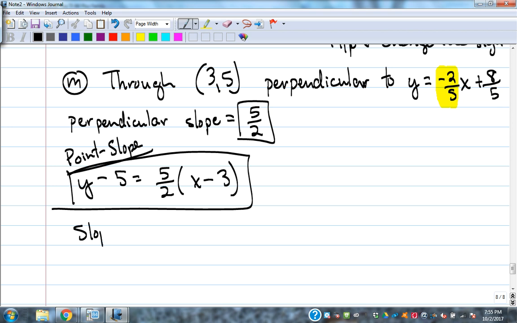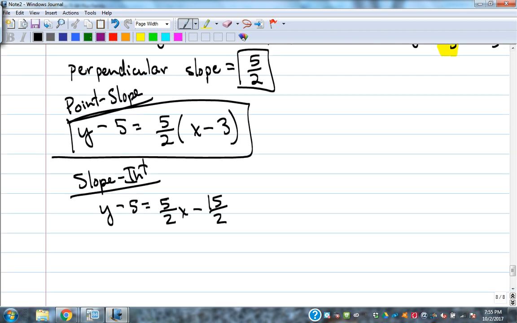Then go to slope-intercept. y minus 5 equals 5/2 x minus 15/2. Just move the 5 addition. 5 over 2 x, and then that'd be 10 over 2, so negative 15/2 plus 10/2 is negative 5 over 2.